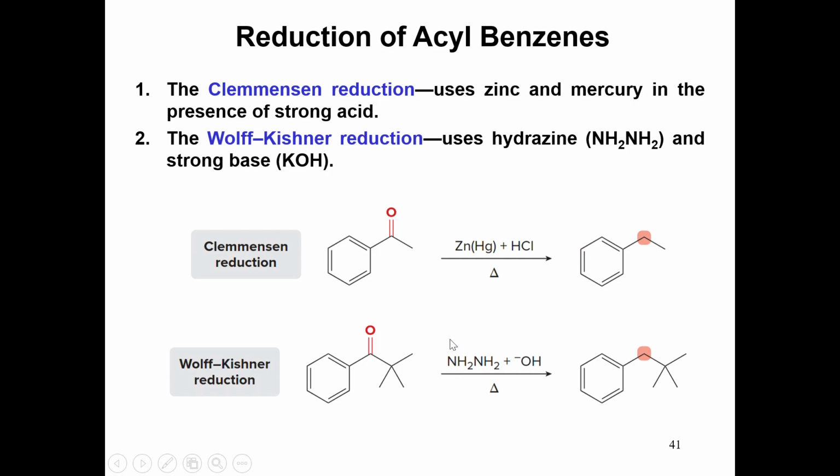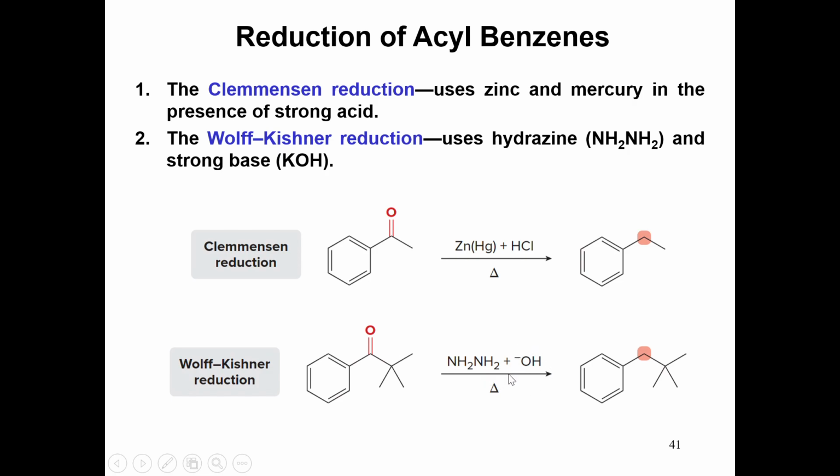The next condition: sometimes if we cannot do a reaction in strong acid condition, we have to do the reaction in base condition. And the good news is another chemist, Wolff and Kishner, very likely these are 2 chemists who discovered this reaction.